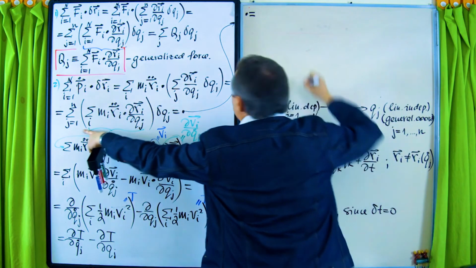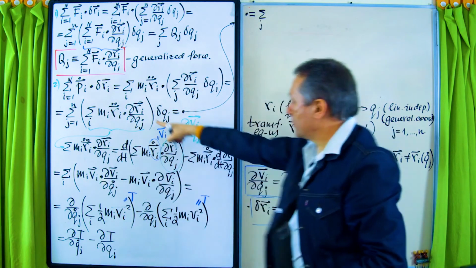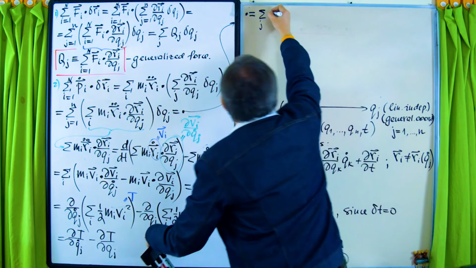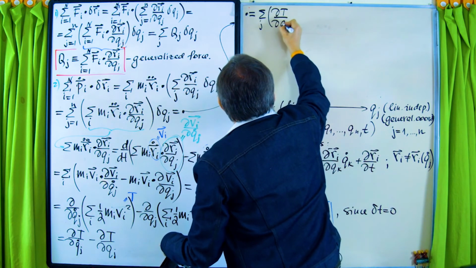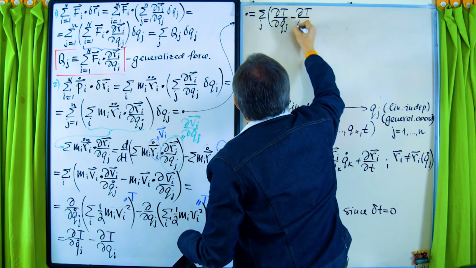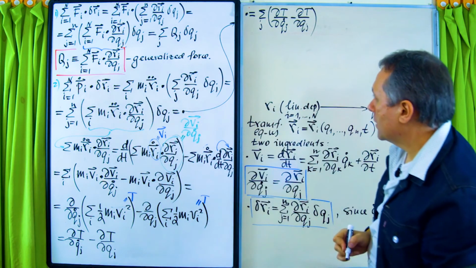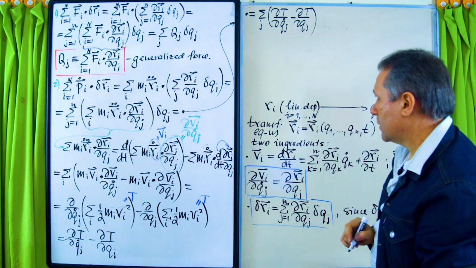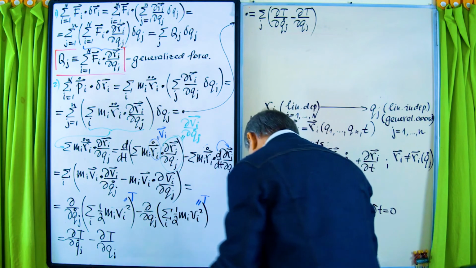So it will be summation over j, and instead of this bracket, I will write what we got over here. So it will be a partial derivative of T with respect to qj dot minus partial derivative of T with respect to qj, and delta qj. Let me check. Right.